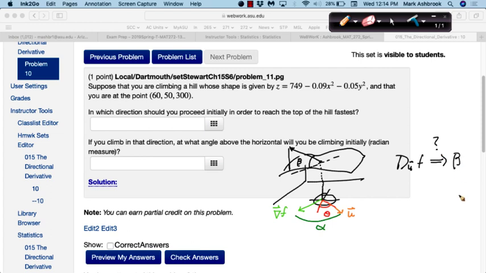So you have some rate of change of your surface given going in the direction of u. And it's saying, what is the angle above or below horizontal? How would we get that?